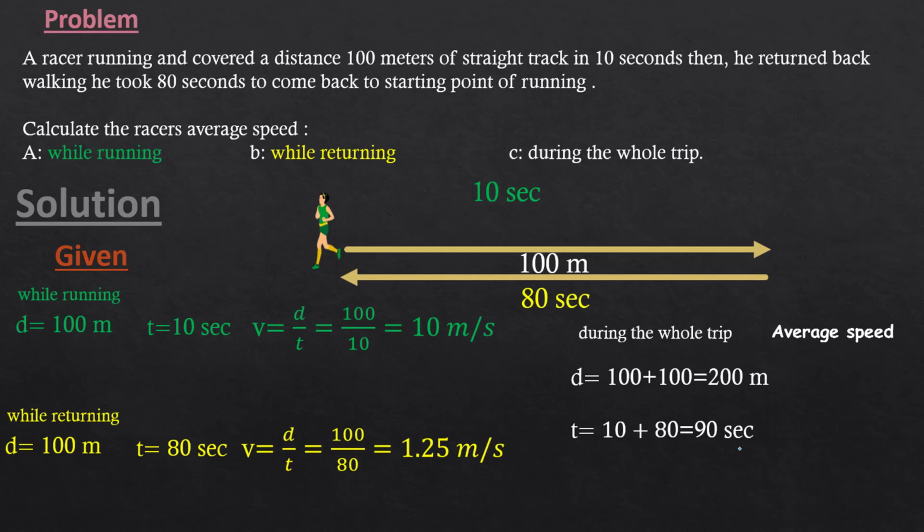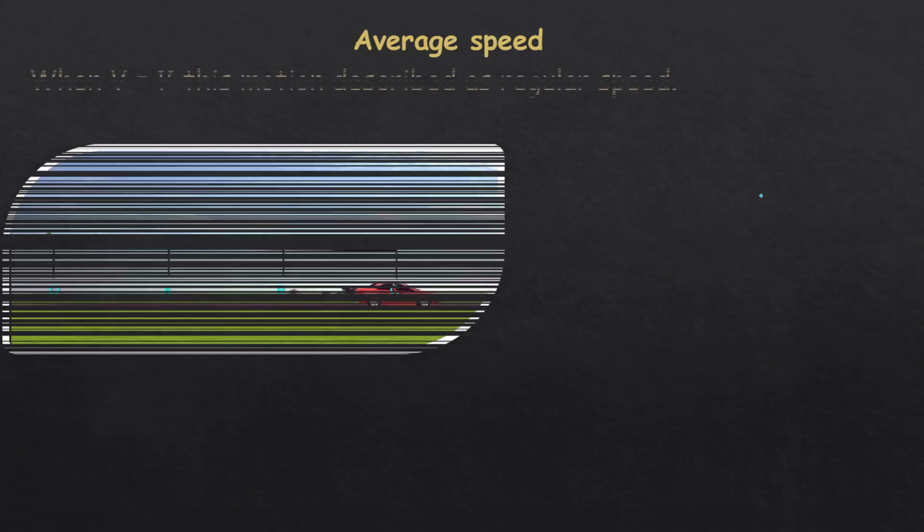So the average speed during the whole trip from the starting point to the ending point will be total distance 200 meters over total time 90 seconds equal 2.22 meters per second.